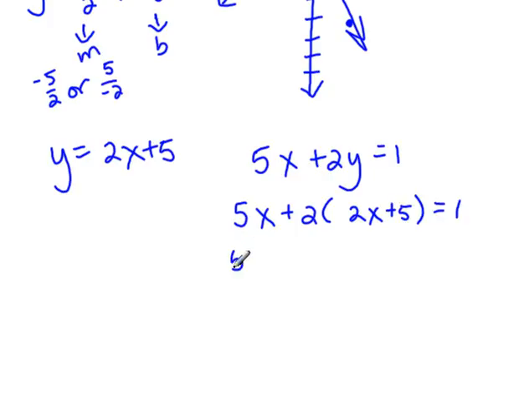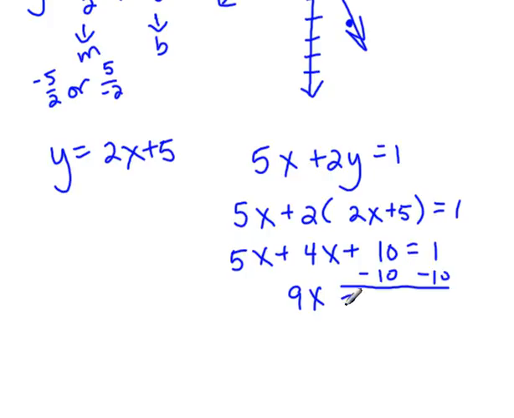That gives me 5x plus 2 times 2x is 4x, plus 2 times 5 is 10, equals 1. 5x plus 4x is 9x. Subtract the 10 over to the other side, and I get 9x equals negative 9. Divide both sides by 9, and x equals negative 1.